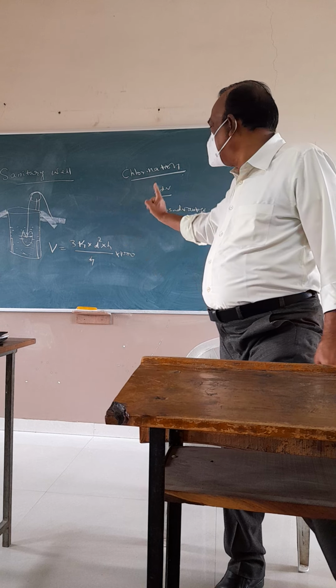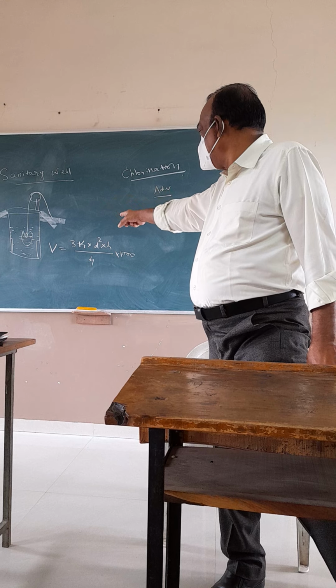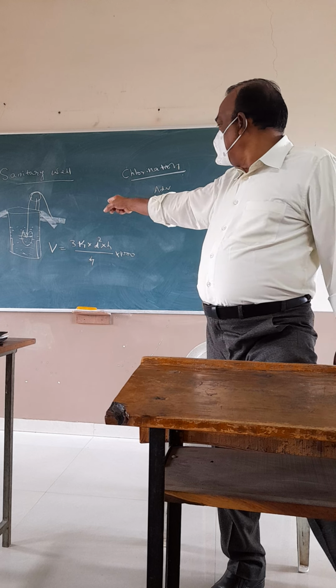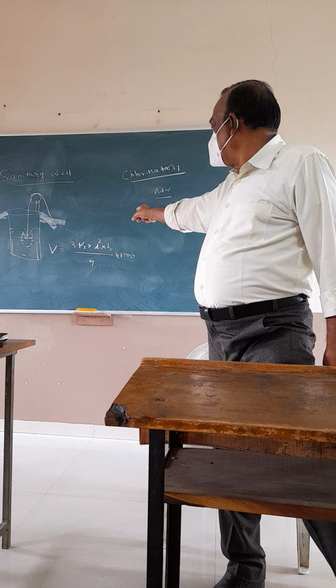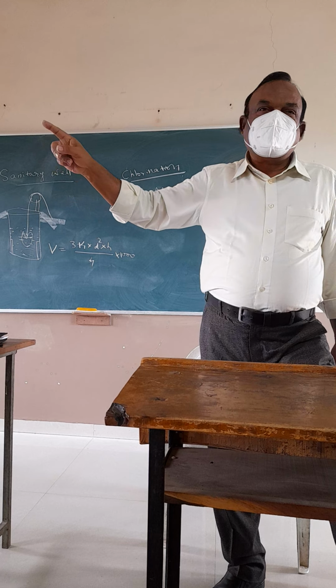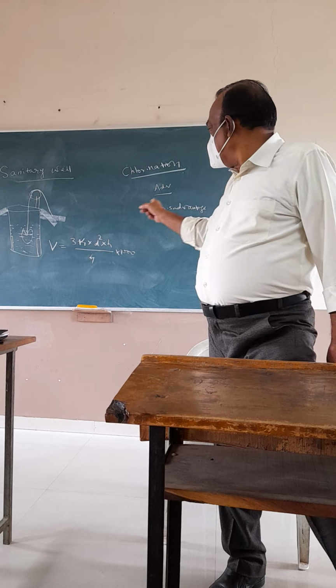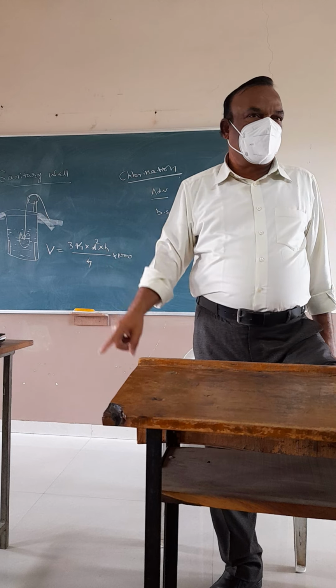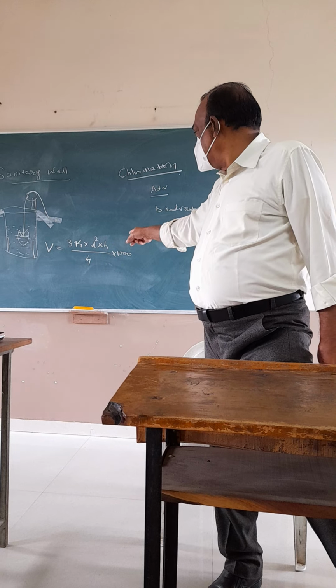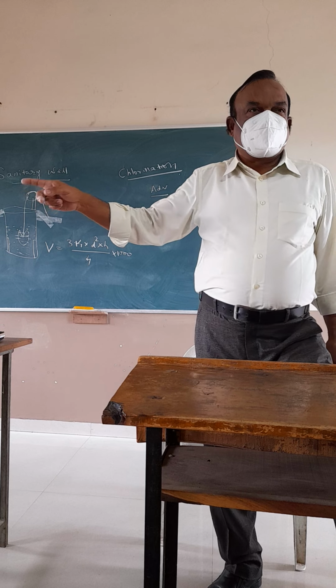So how to calculate the water from the well: V for volume is equal to 3.14 multiplied by D square into H, where D is the diameter of the well and H is the height of the water, divided by 4 multiplied by 1000.